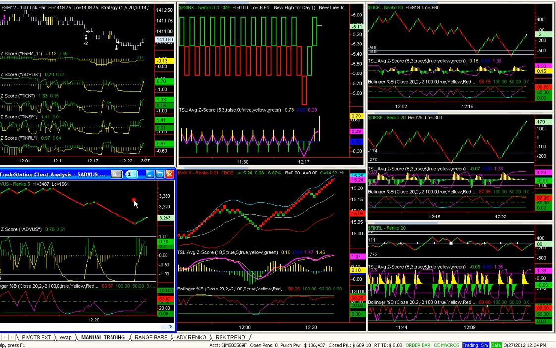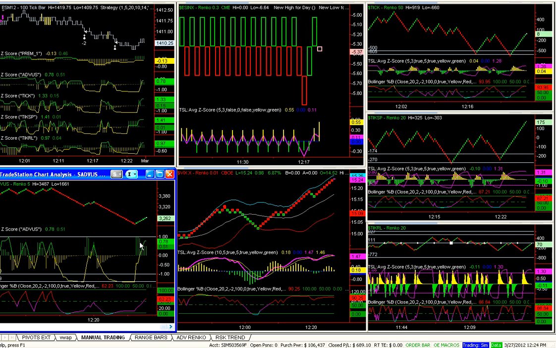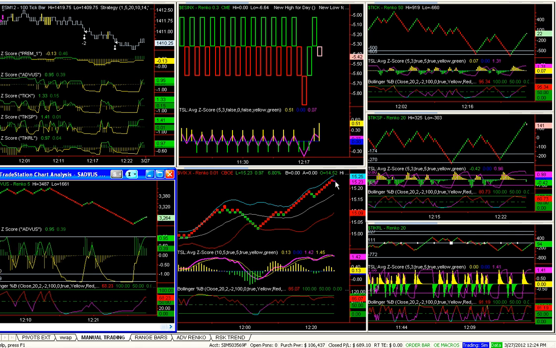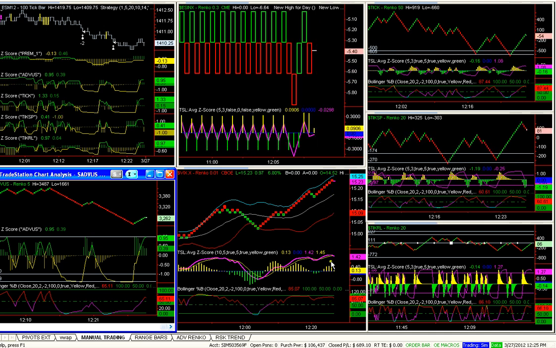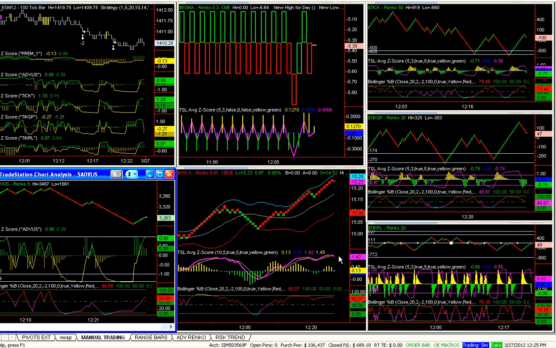We got a pivot off of 1409.75, but notice no pivot on the VIX. VIX has not pivoted. It's close. Standard deviation of 1.42. That's way up there.